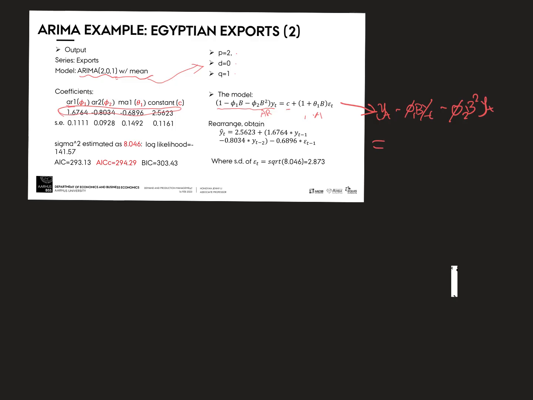In the right hand side of this equation, our backshift formula is c plus 1 times epsilon t plus theta 1 times B times epsilon t.